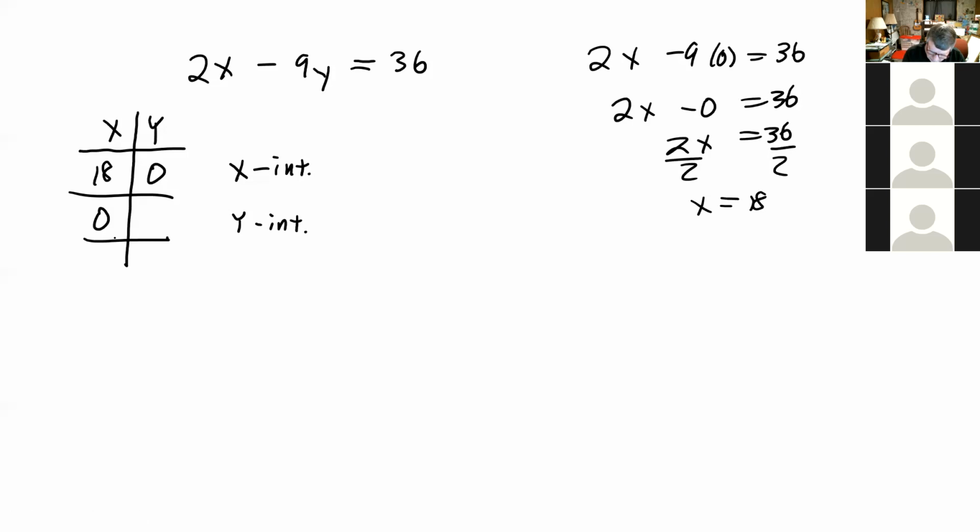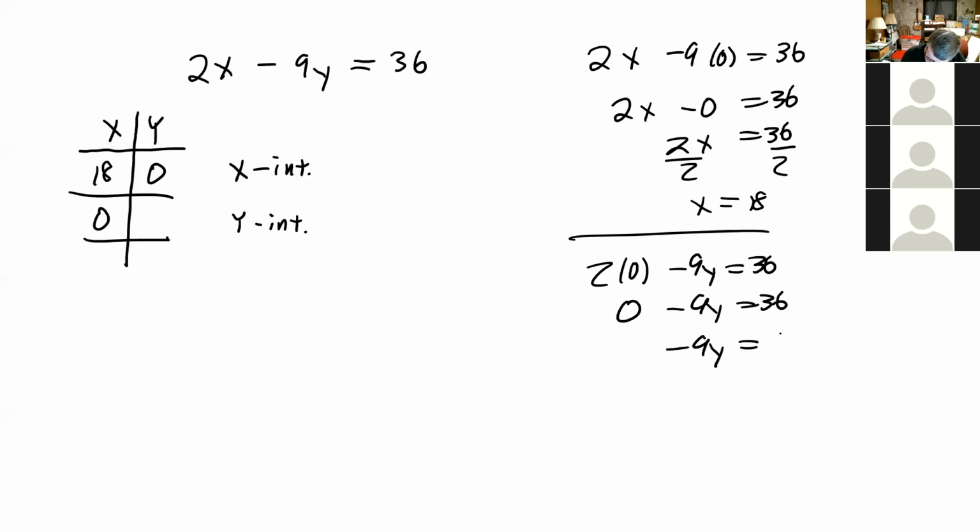Okay. If x is 0, 2 times 0 minus 9y equals 36. 0 minus 9y equals 36. Negative 9y equals 36. Divide both sides by negative 9. Y equals negative 4.